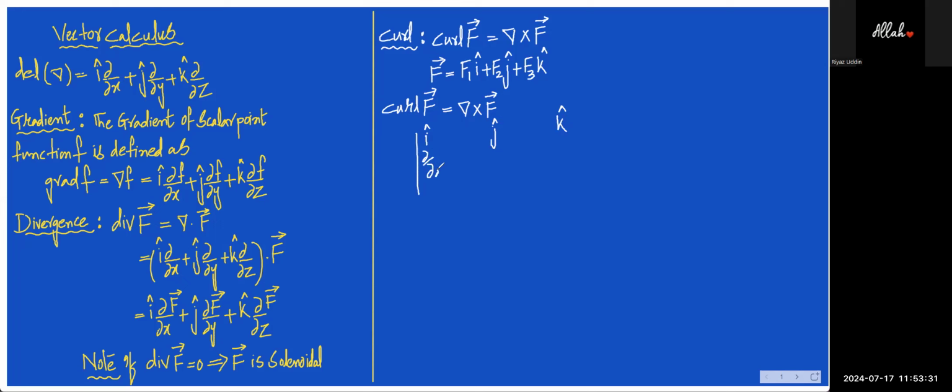Now next, F1, F2, F3. So this is the determinant we have to solve.